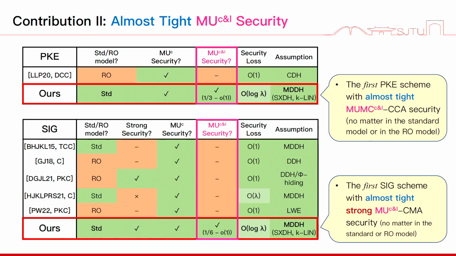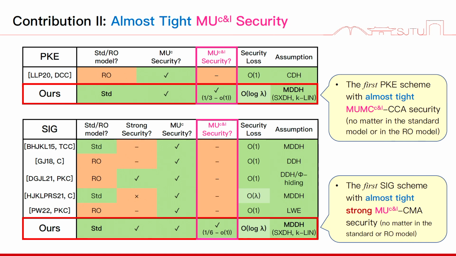In fact, all our schemes can be further strengthened to support key leakages and achieve almost tight MUC-L security. Our PKE scheme can tolerate 1/3 minus small o(1) leakage rates, and our signature scheme can tolerate 1/6 minus small o(1) leakage rates.